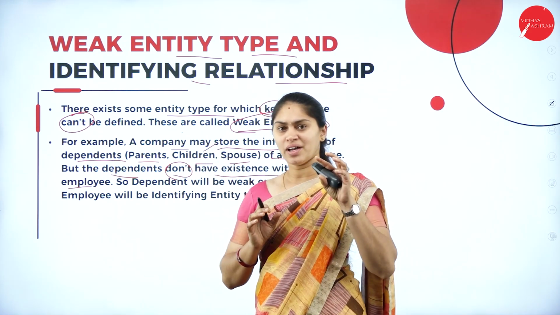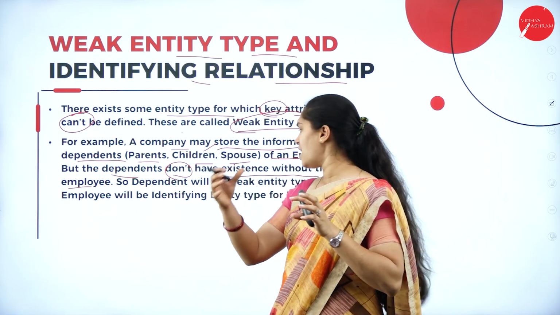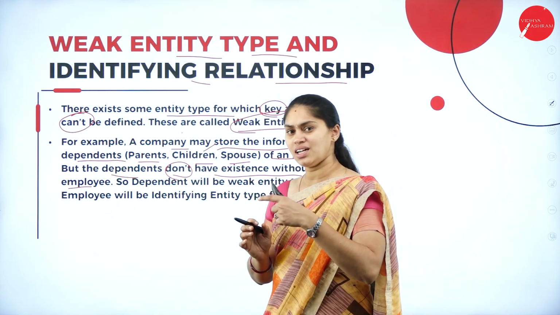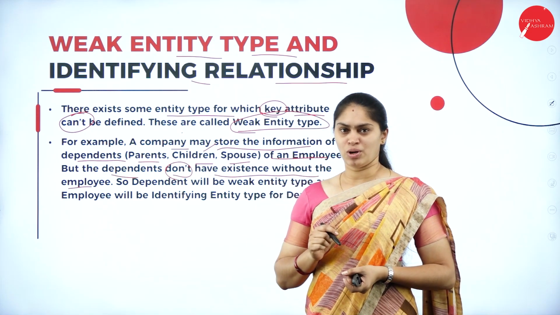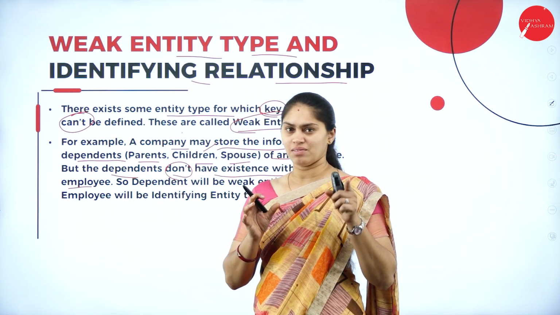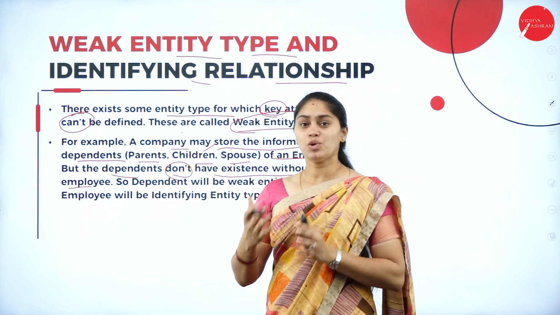So the employee works as a strong entity, and all these parents, children and the spouse act as weak entities. That weak entity will be identified only when there is an existence of that employee. So children can be identified only when we have a parent. The parent is a strong entity and the children are a weak entity.